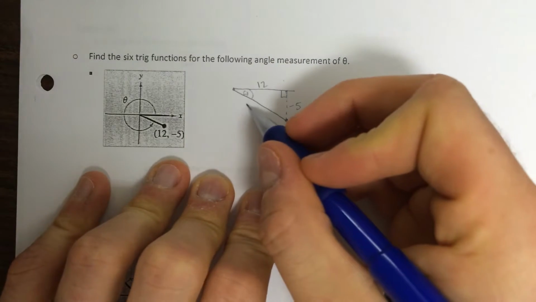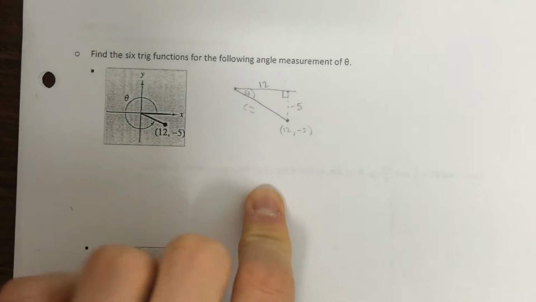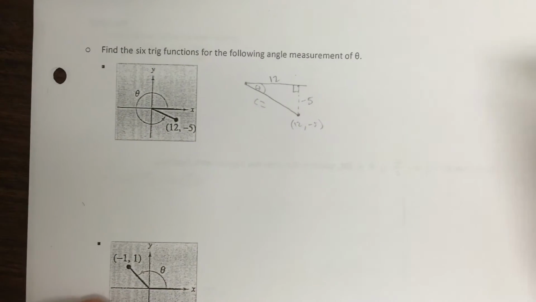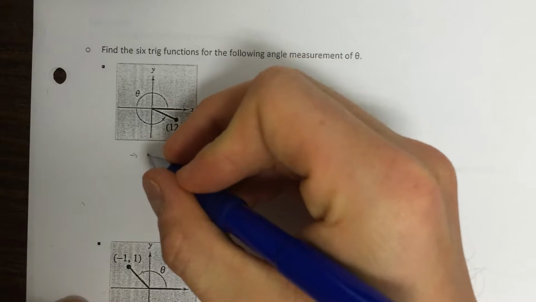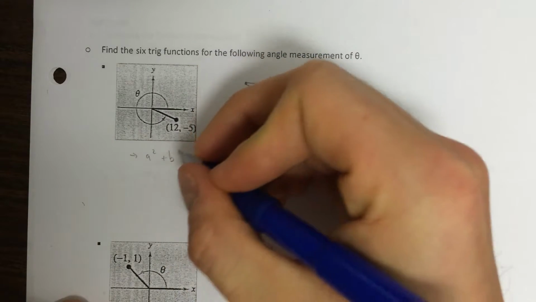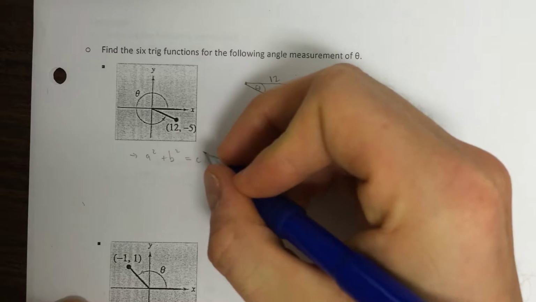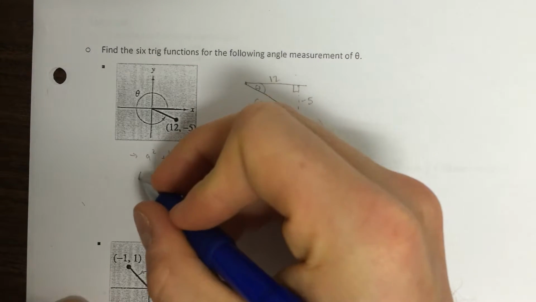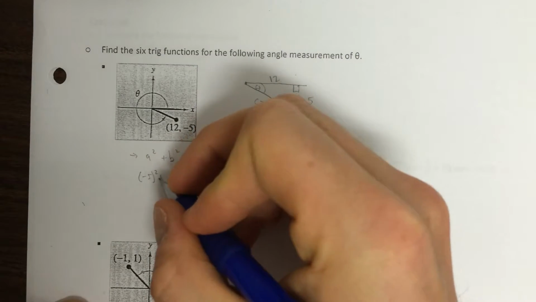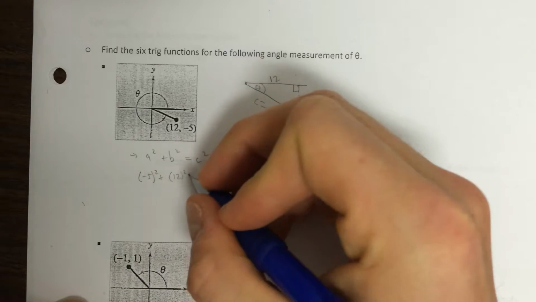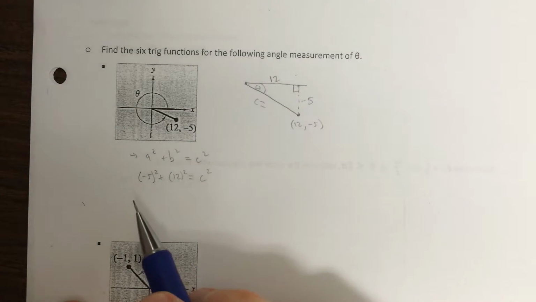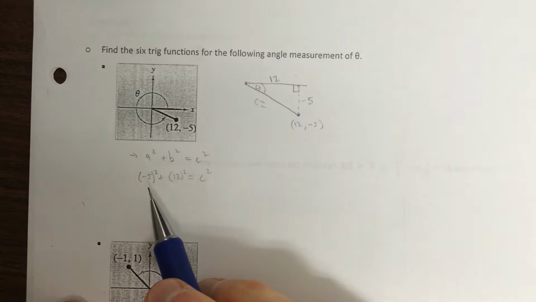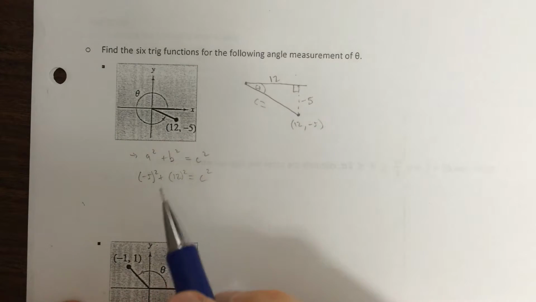And hopefully we know that we can solve for this. This is our c. We can do that using the Pythagorean theorem, which I'm going to do over here. The Pythagorean theorem says a squared plus b squared equals c squared. Let's call a -5. I'm going to put that in parentheses. I always put my numbers in parentheses because that helps me out. Now, this is a common mistake I'm seeing, that we're saying that -5 squared is -25.